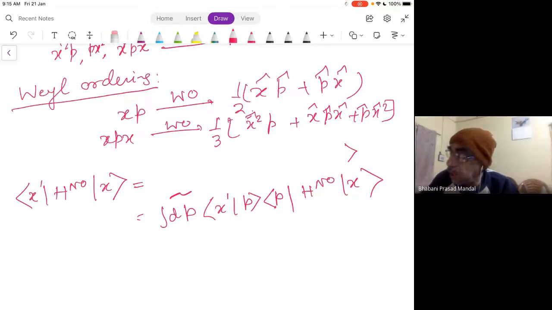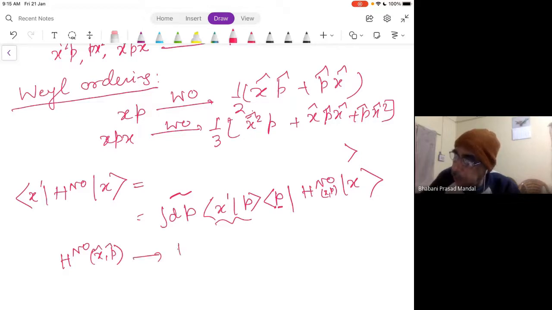H is a function of x and p, so momentum on the left can act, and we know this factor, and x on the right. In the normal ordering, x will be on the right. So I can replace the operator x p as that.